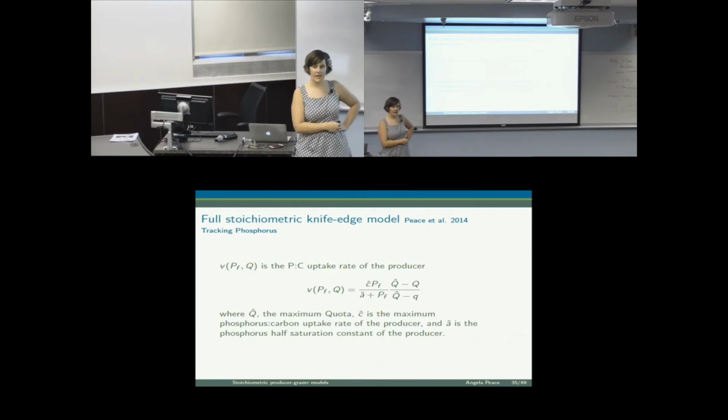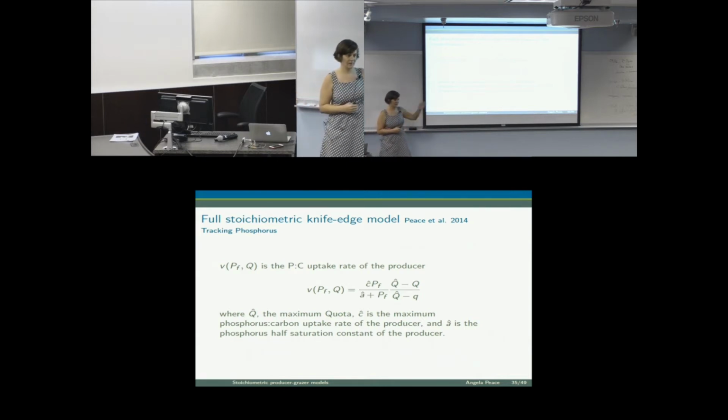The first one is Q hat, the maximum phosphorus to carbon quota. That's the cap we wanted to put on the quota, so that's good to have here. The other 2 are C hat and A hat. The C hat is the maximum phosphorus to carbon uptake rate, and A hat is the half saturation constant for this portion right here. So I'm going to come back to C in a little bit. So just remember, C is the maximum phosphorus to carbon uptake rate of the algae.